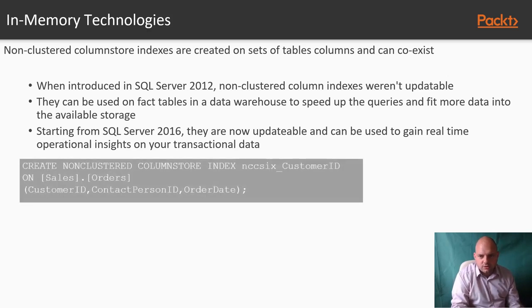The syntax for creating a column store index is as follows: CREATE NONCLUSTERED COLUMNSTORE INDEX, specify the name, ON sales, and then specify the columns you want to include. This query creates a column store index on customer ID, contact person ID, and order date. The column store structure is stored separately from the table structure.